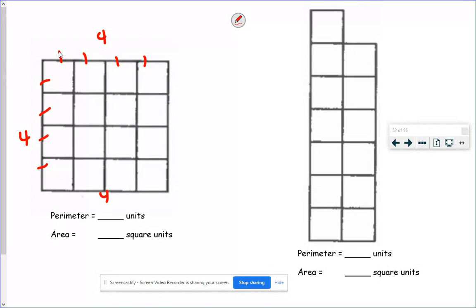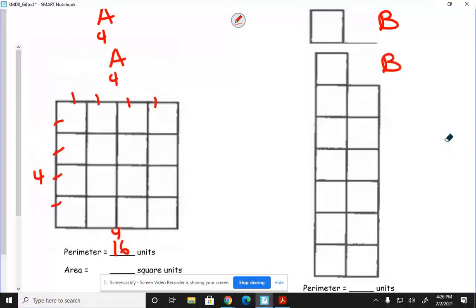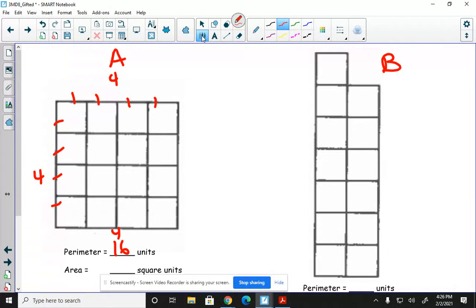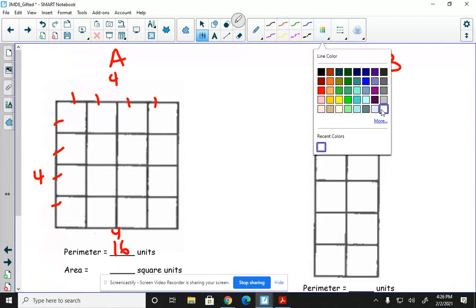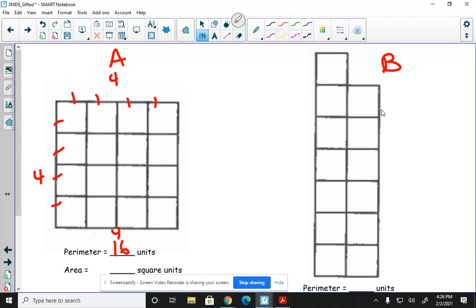So the perimeter of this shape, and we can't call them both rectangles because B is not a rectangle. 4 plus 4, so that's 16. And I think actually what I ended up having to do in class with another class is I put the wrong shape on here.